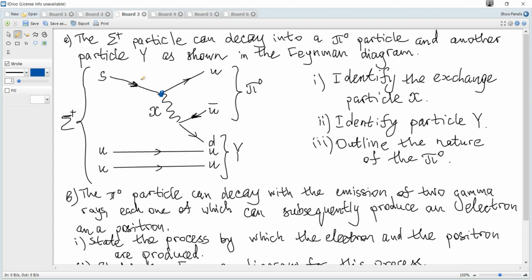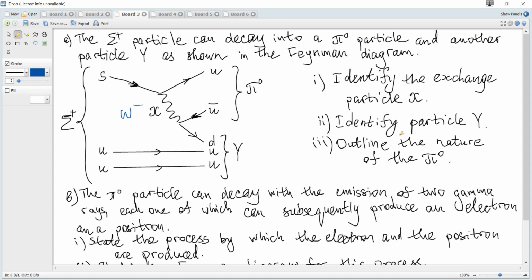Charge of S quark is negative 1/3, charge of U quark is 2/3, and hence negative 1/3 should be equal to 2/3 plus X. Hence charge of X is negative 1. Hence exchange particle X is W minus.